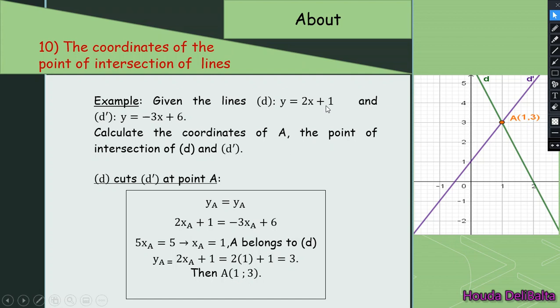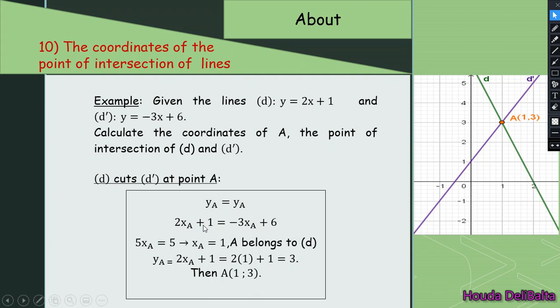Then 2x plus 1 from the first line is equal to minus 3x plus 6, or we can put 2xa plus 1 equals minus 3xa plus 6. So again, I am using a comparison way, because y equals y, then surely this value is going to be equal to this value. Now I have an equation with one variable only, which is x.